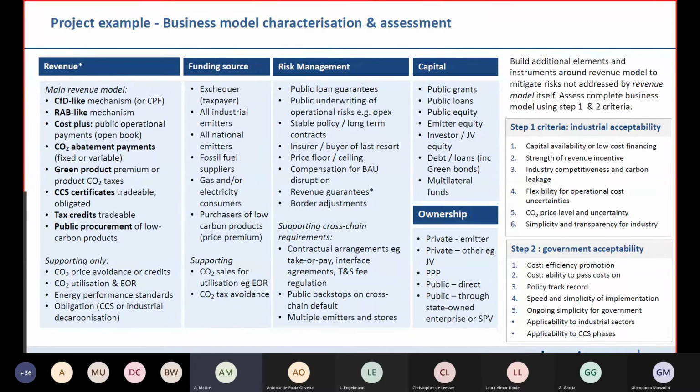Does it have a strong enough revenue incentive? And can it protect an industrial site from risks such as CO2 price uncertainty? Whereas for government or the public sector, the main criteria was around ensuring the model minimized the cost to the taxpayer and promotes cost and CO2 reductions, as well as being feasible for the public sector to implement and to administer.